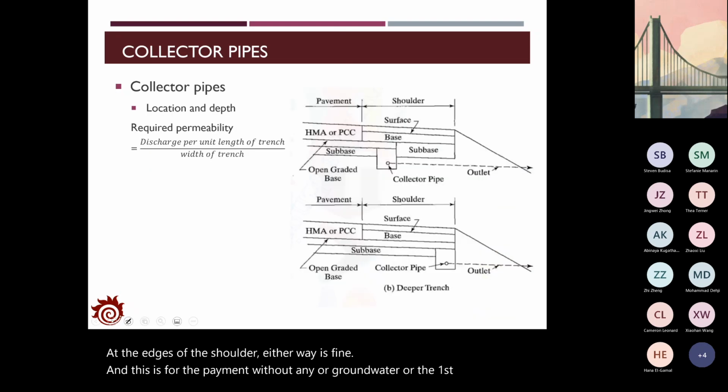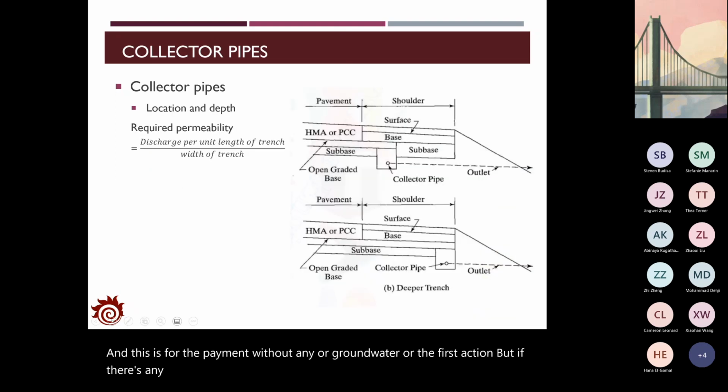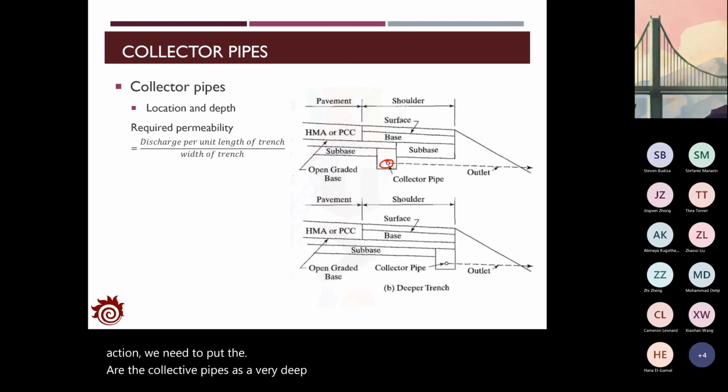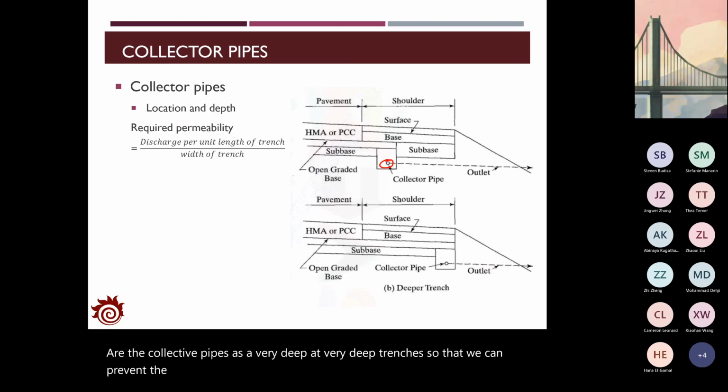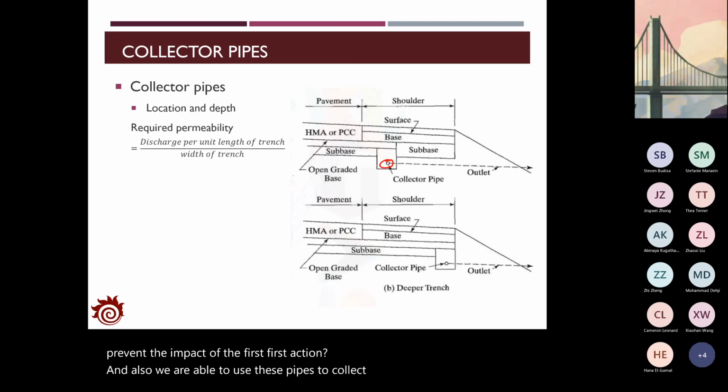But if there's any groundwater or any consideration about the frost action, we need to put the collector pipes in very deep trenches, so that we can prevent the impact of the frost action. And also we are able to use these pipes to collect the groundwater seepages.